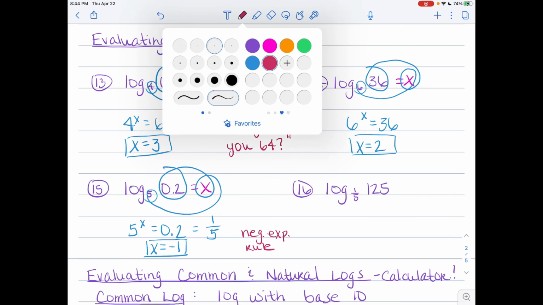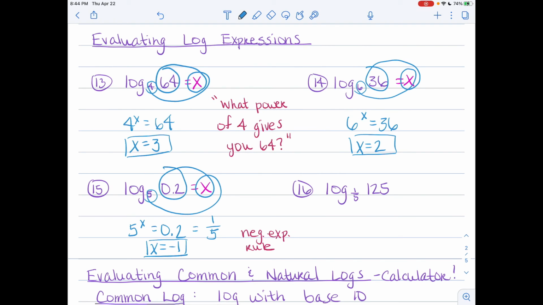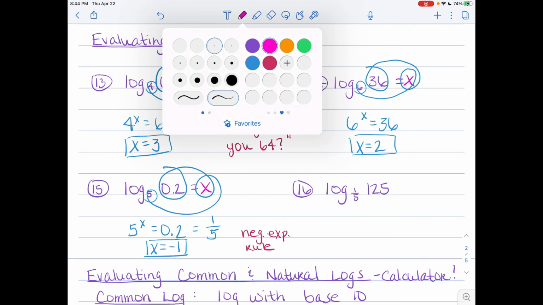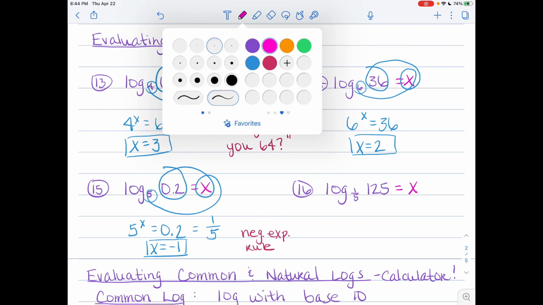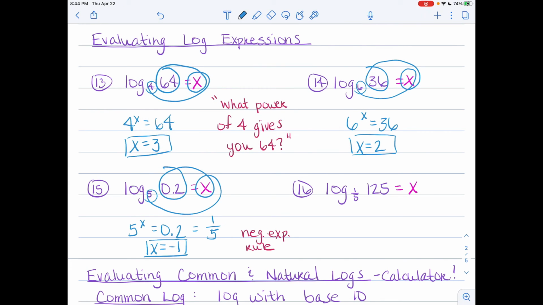Okay, one more. This one is log base 1 over 5 of 125 equals x. So let's write this in exponential form. 1/5 raised to the x power is equal to 125.